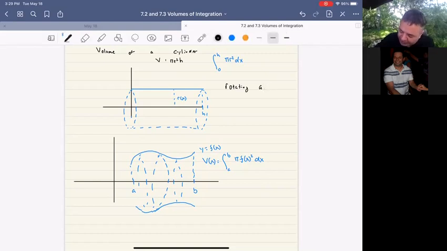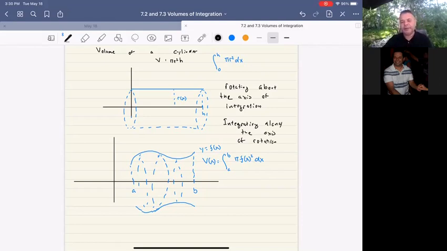So we're rotating about the axis of integration. Or rather, we might say we're integrating along the axis of rotation. Okay.